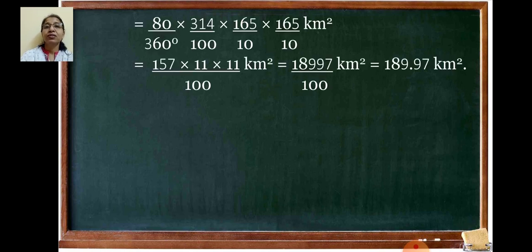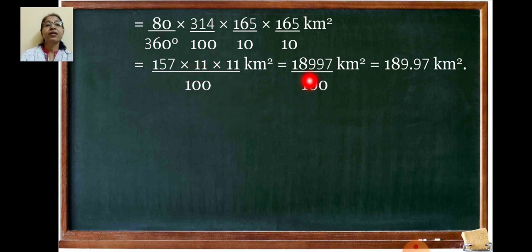Substitute the values: theta 80 degree, 3.14 converted into ratio form, 314 divided by 100, and 16.5 also converted into ratio form. Now this is easy to simplify. Cancel out the terms.